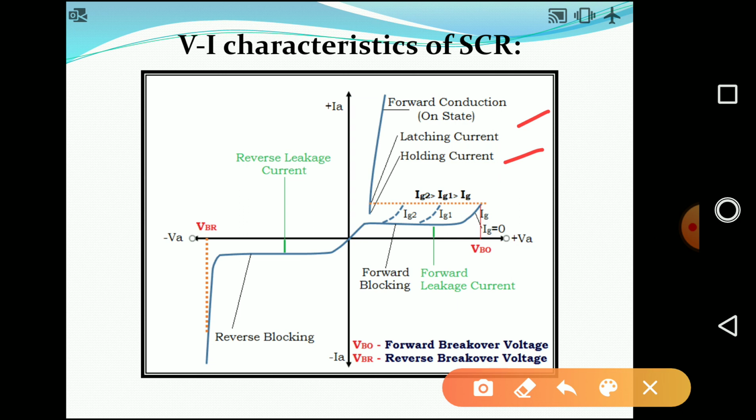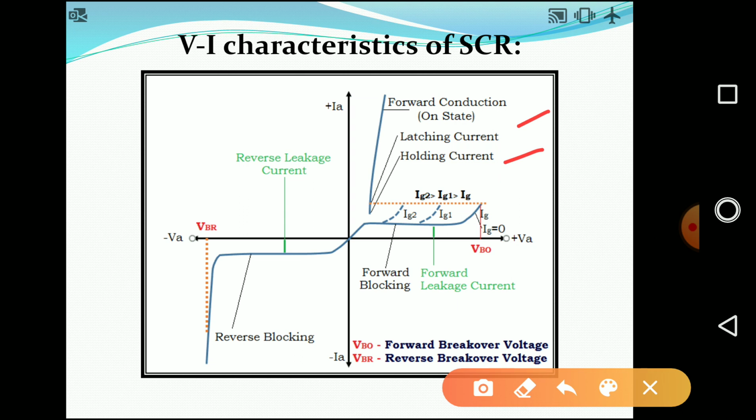Next is latching current. Latching current is the minimum anode current which shifts the SCR from the forward blocking state to the forward conduction state. That is, it latches the SCR from one state to another.